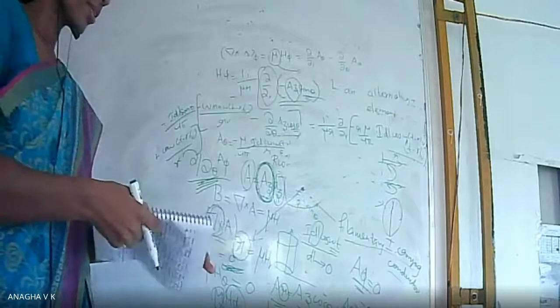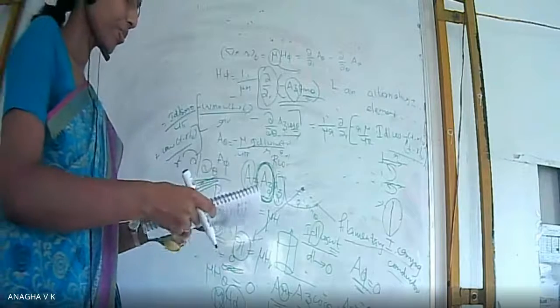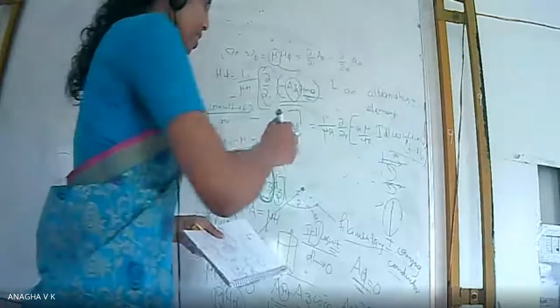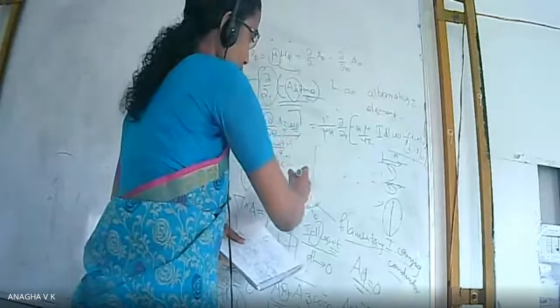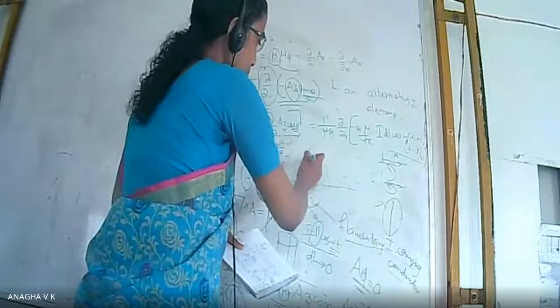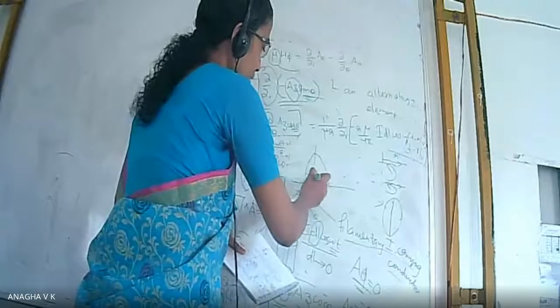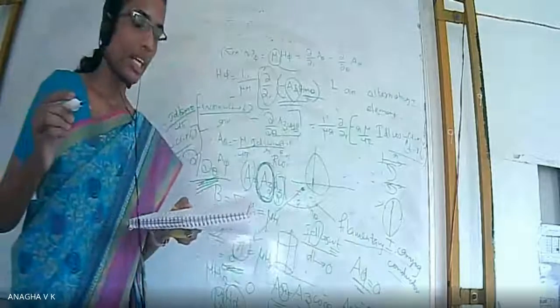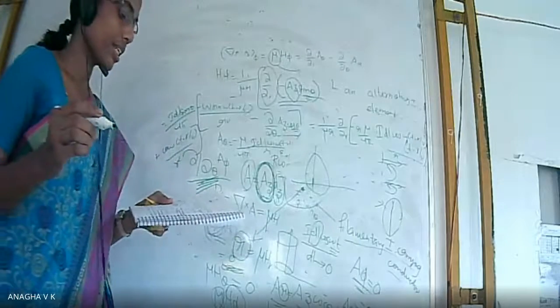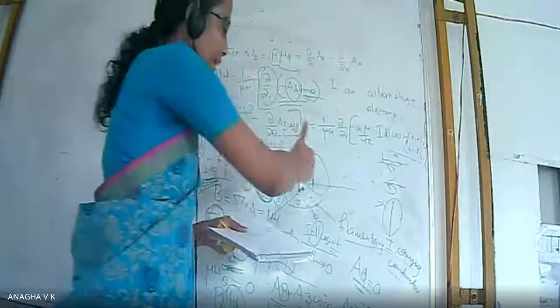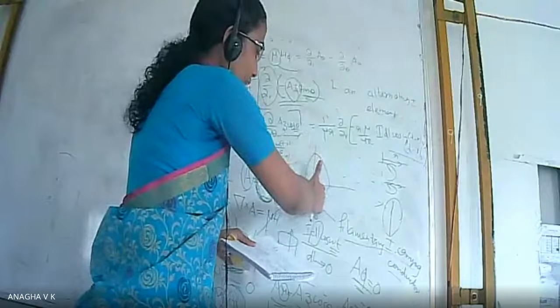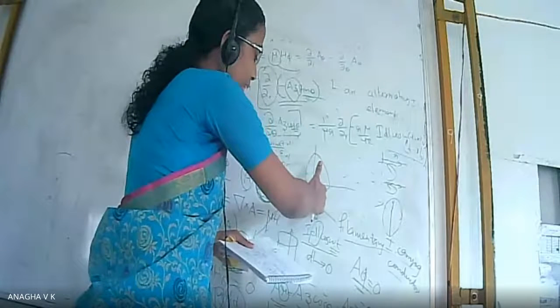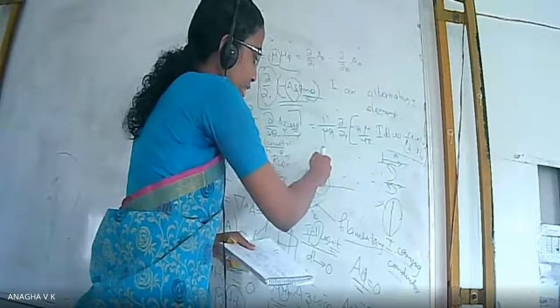So once more I will tell. So what was that? The dipole, Hertzian dipole. Okay. Hertzian dipole was nothing but a small current carrying conductor. So by the right hand thumb rule, with a current carrying conductor in the upward direction, the field is what?